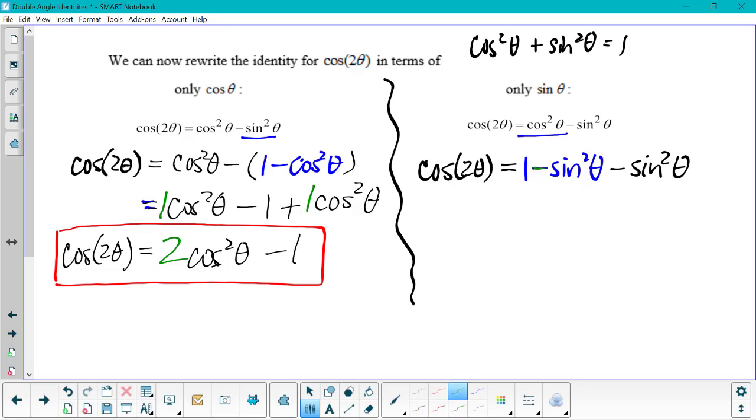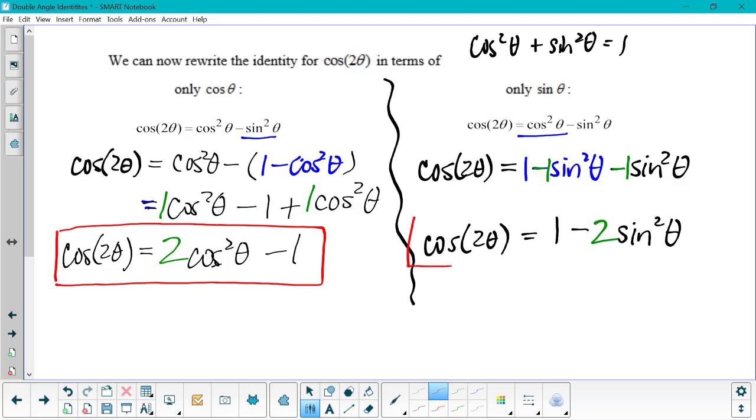And I can see that I have minus 1 sine squared theta minus 1 sine squared theta will be equal to 1 minus 2 sine squared theta.